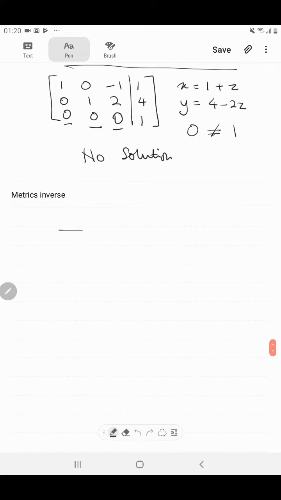Because in matrix world, you cannot divide A by B this way. What you need to do is find the inverse of B and multiply it with A. So this is the matrix rule, or the matrix notation.